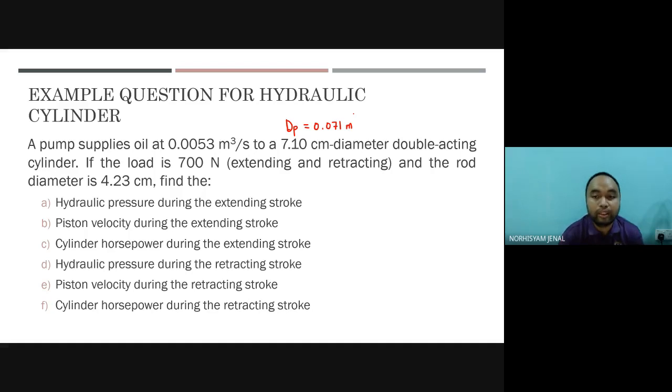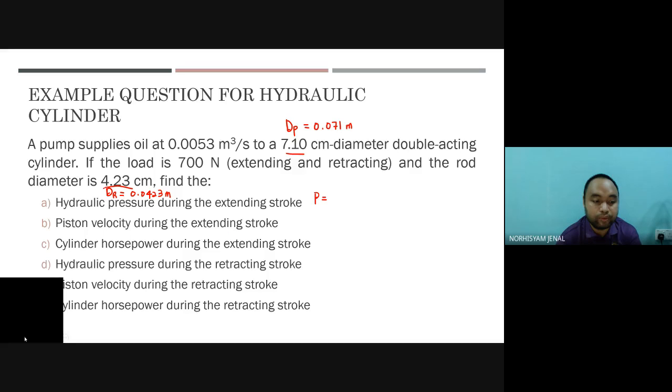And here is the rod diameter. The rod is equal to 0.0423 meter.